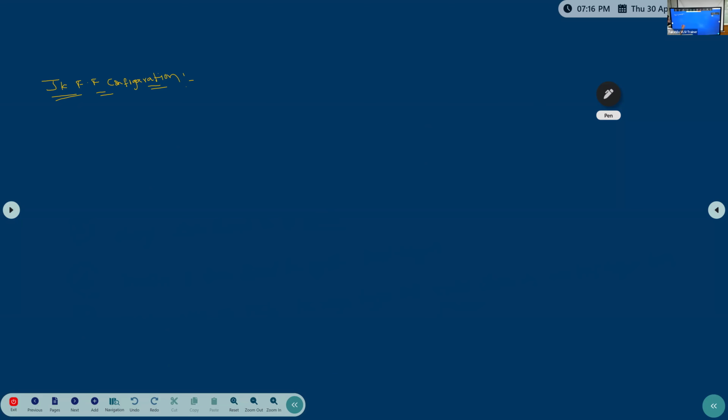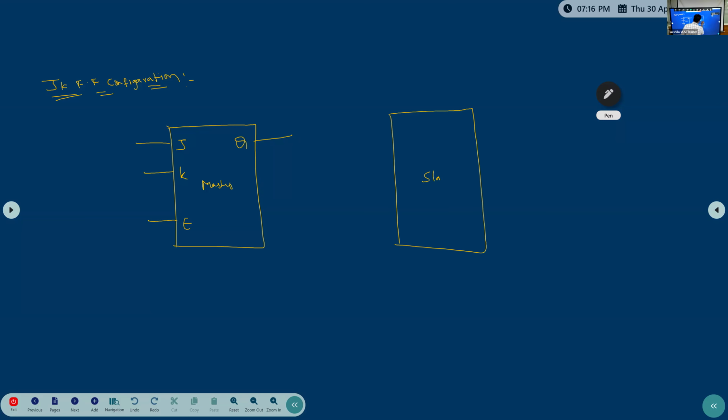So I will draw: master is a JK enable latch. This is Q. Sometimes they want to keep the Q bar pin, sometimes they don't want it, so depending on the requirement they will keep it or not. So this is Q. Clear? So now the slave should always be a D latch.